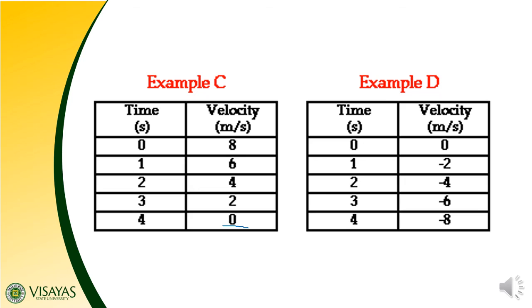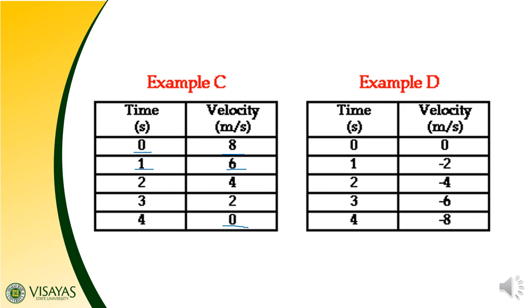So every second, the velocity is decreasing by 2 meters per second. As we can observe, from 0 seconds, the velocity is 8 meters per second. After 1 second, the velocity became 6 meters per second. So it decreases by 2 meters per second.